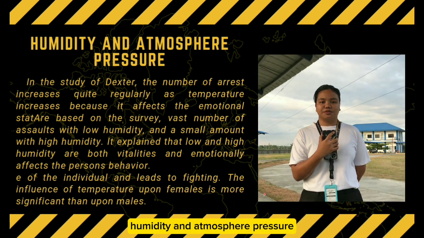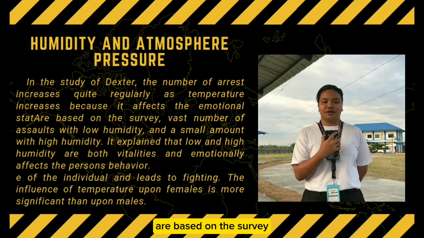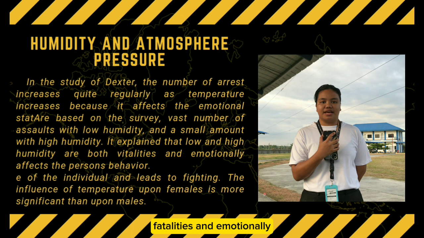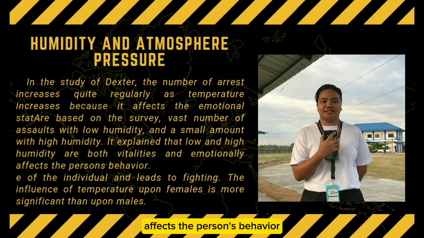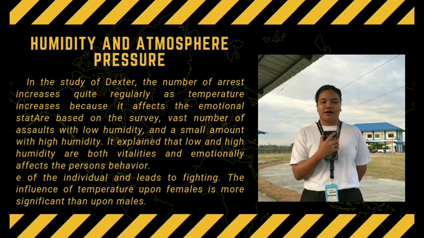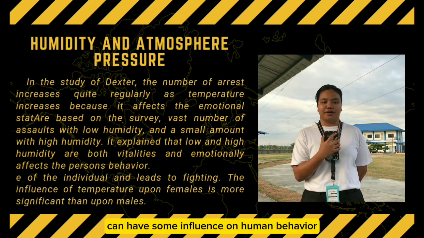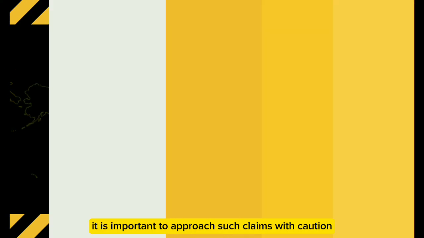Humidity and atmospheric pressure. Based on the survey, there is a vast number of assaults with low humidity and a small amount with high humidity. It was explained that both low and high humidity emotionally affect a person's behavior. While it is true that weather conditions, including humidity, can have some influence on human behavior, it is important to approach such claims with caution.